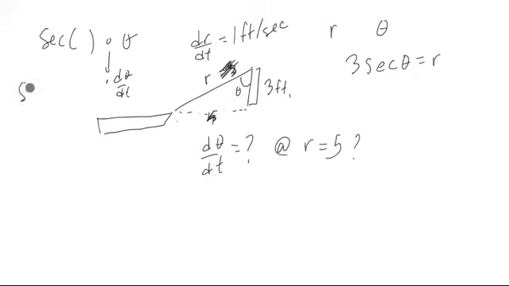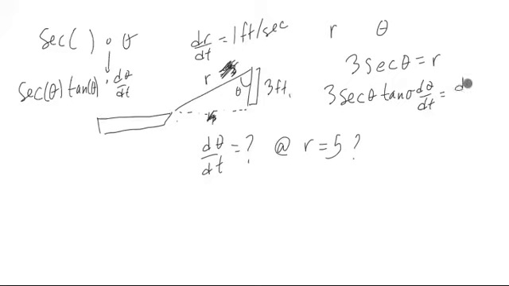We take a derivative, secant times tangent, and theta is plugged in there. Okay, so that's what we're going to be looking at when we take a derivative on this side. We can just write that down. 3 secant theta, where the 3 stays multiplied, tangent theta, d theta dt. And on this side should be fairly clear. It's just dr dt. Taking derivative of everything with respect to t.